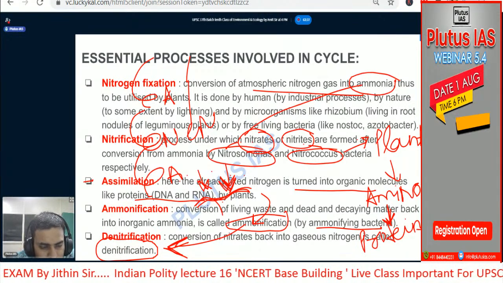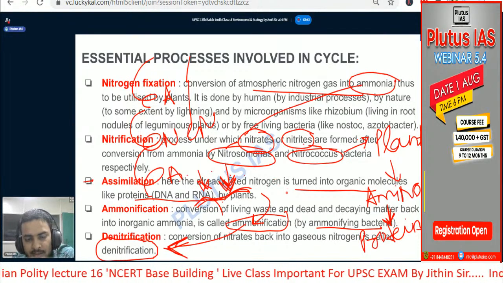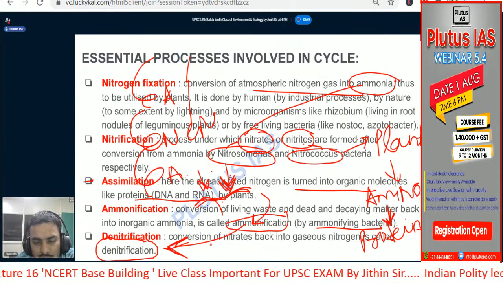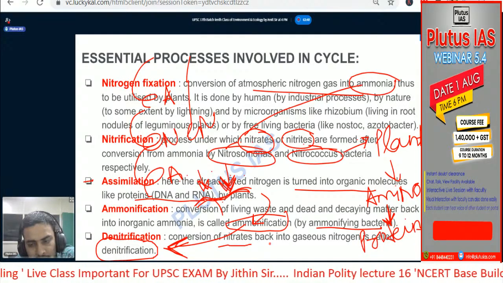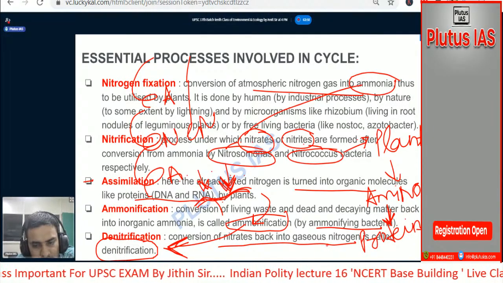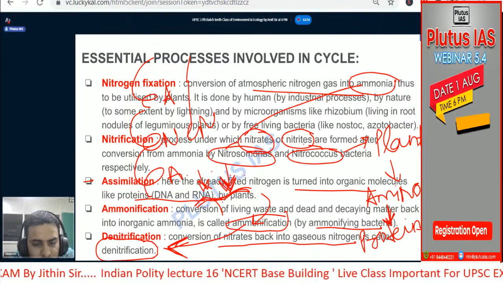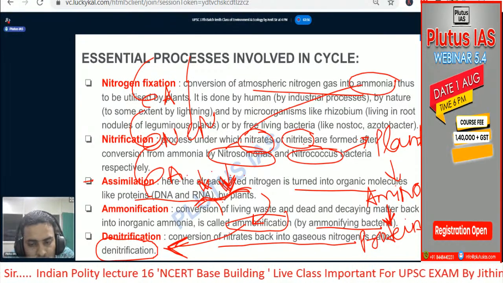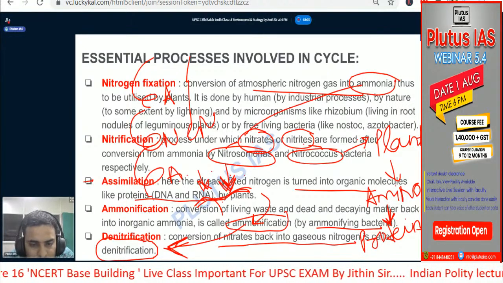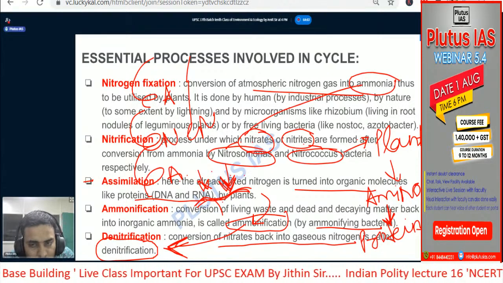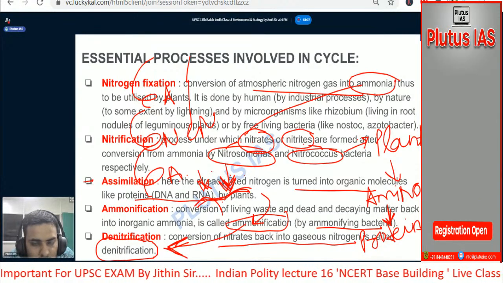No need to remember the examples, Animesh, because a lot of names would be there. Just remember what denitrification is: conversion of nitrates back into gaseous nitrogen is called denitrification.